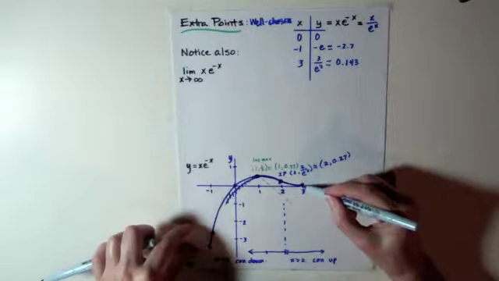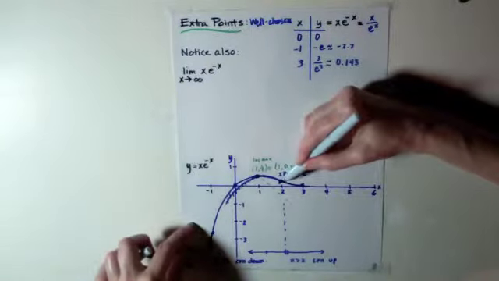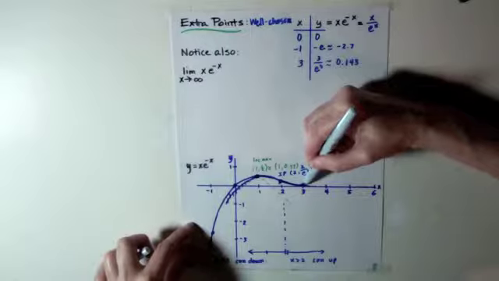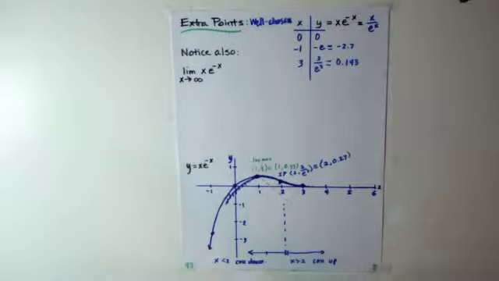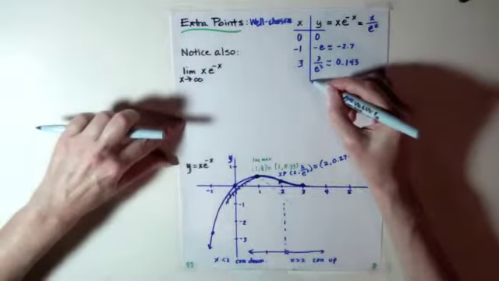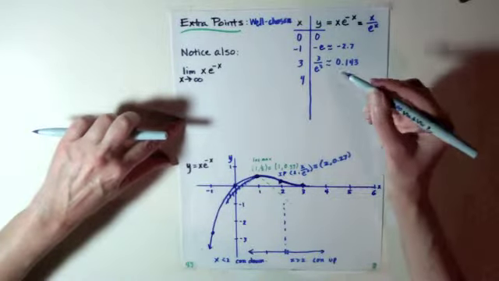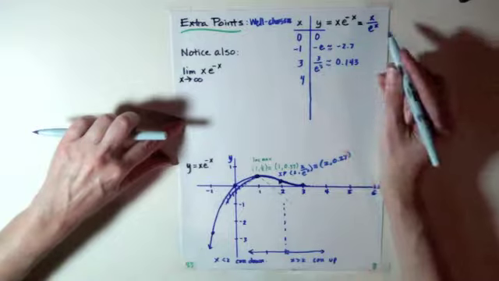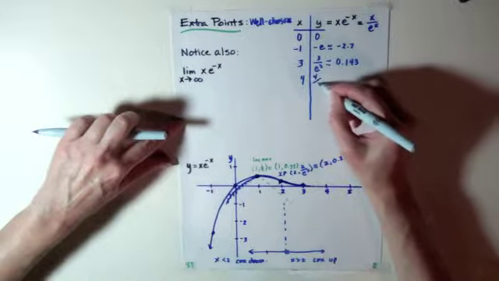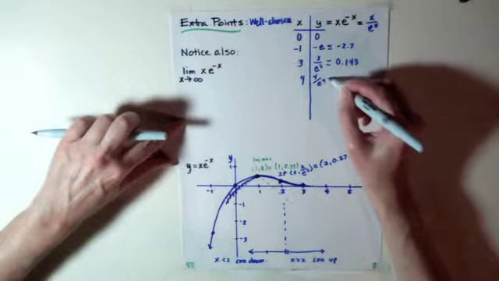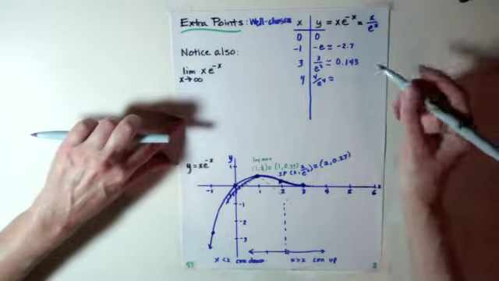So I have a point that's maybe right here, and the curve is concave up, and I think I plugged in a few other values. So let me tell you what those values were. I plugged in 4, and if you plug in 4, you'll get 4 over e to the 4th. That's a pretty big denominator. E to the 4th is a large number.